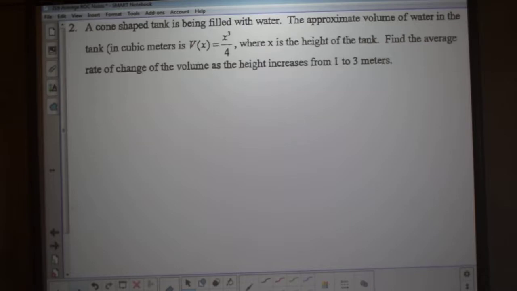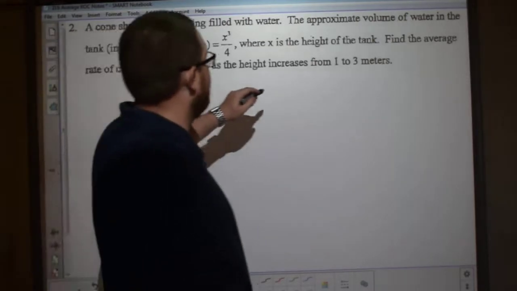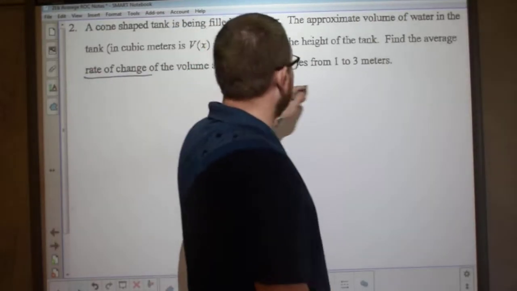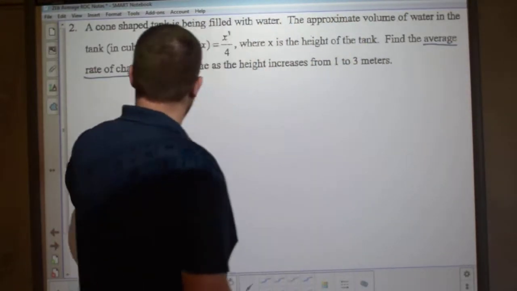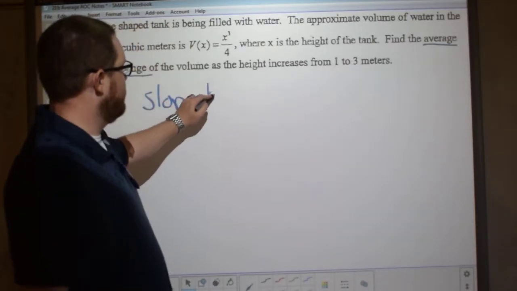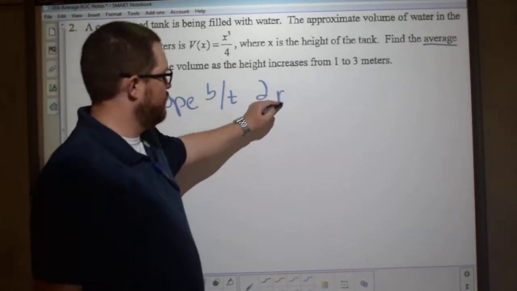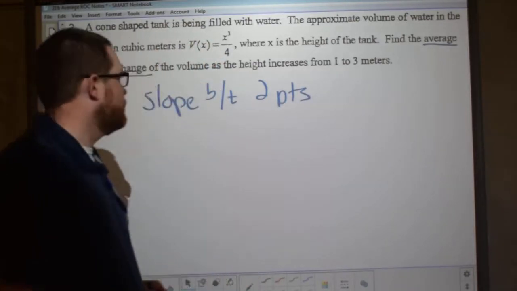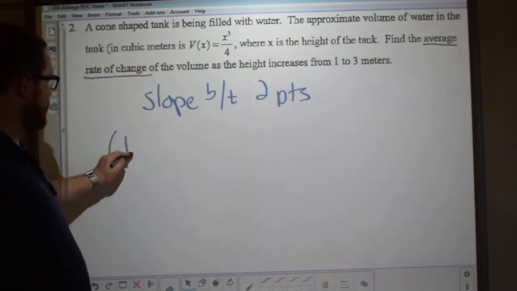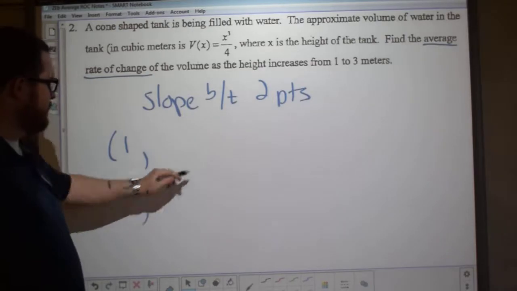Let's try another one. A cone-shaped tank is being filled with water. The volume is that equation. Find the average rate of change as it increases from 1 to 3. So I need 2 points. I see average rate of change, I want to think slope between 2 points. Well, it's going to be 1 comma something and 3 comma something.